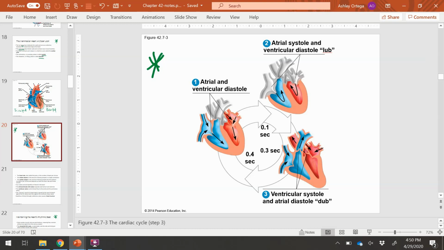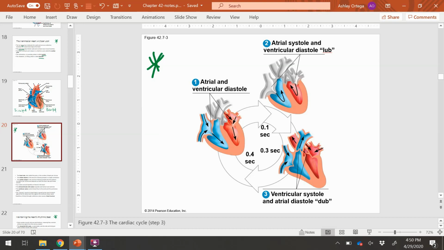And then from there, about 0.3 seconds later, the ventricular chambers will be in systole, so they will contract. They will push out that blood through the semilunar valves and into the artery and into the aorta. And so this contraction phase is also going to have a closing of the semilunar valves. When they close off so forcefully, it's going to make a dub sound.